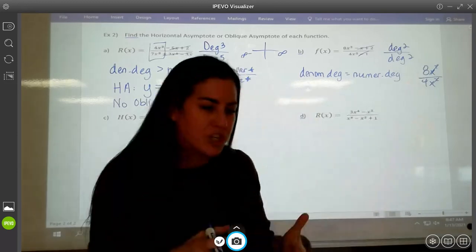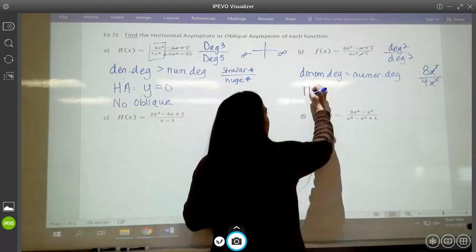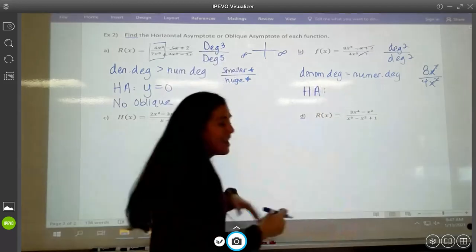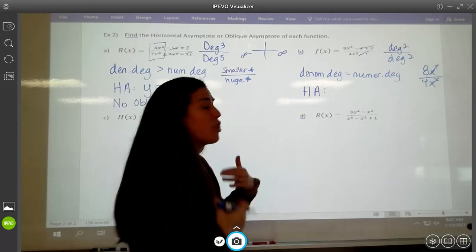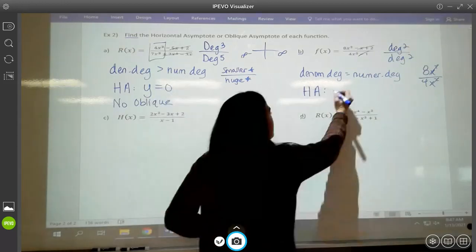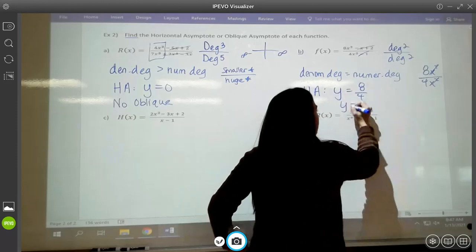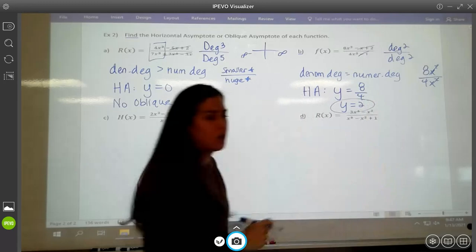It's going to be the ratio of those leading coefficients. So in this case, we're going to end up with a horizontal asymptote, and as x gets really big, the y value, f of x, is going to head towards equaling 8 divided by 4. So it'll be the line y equals 2.